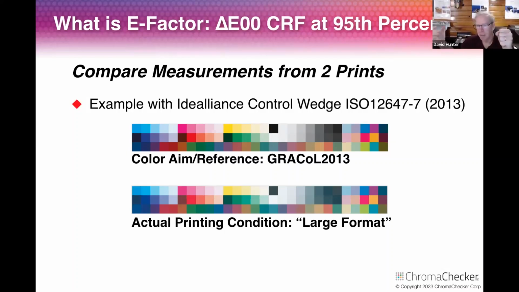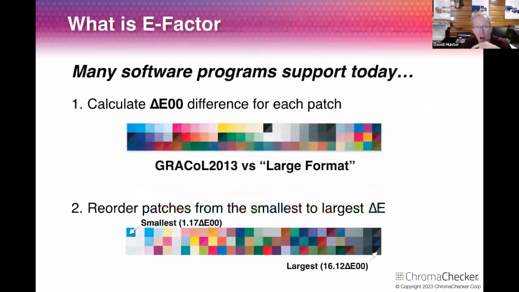So if we're trying to compare a print process to a GRACoL print process, which is the North American standard for printing, and I take this color bar, I'll put it on my large format device and measure it. Then the software can automatically calculate the delta E difference between each patch, meaning how GRACoL would image these 84 patches and how my printer is imaging these 84 patches.